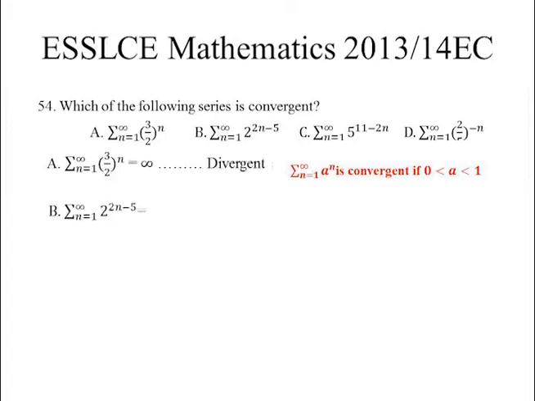Choice B, summation of 2 to the power of 2n minus 5, n ranging from 1 up to infinity. This expression can be rewritten as summation of 2 to the power of 2n divided by 2 to the power of 5, n ranging from 1 up to infinity, which is equal to summation of 2 to the power of 2n, meaning 4 to the power of n, divided by 2 to the power of 5, which is 32.